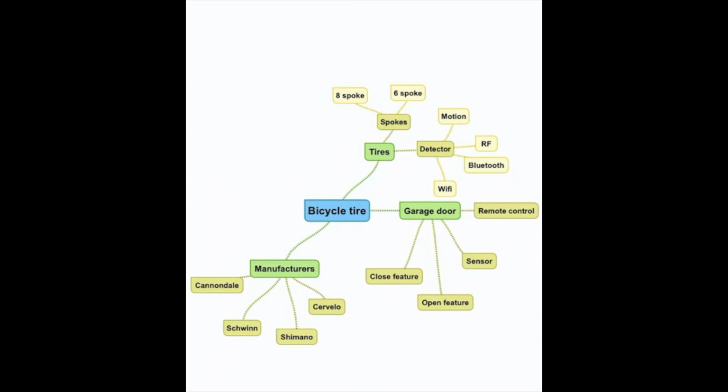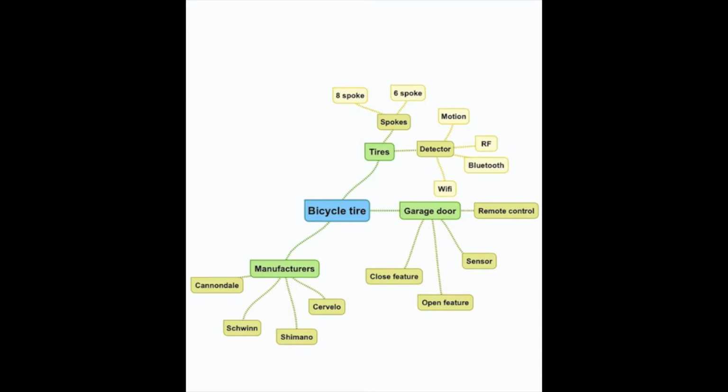Okay, so that's our innovative concept, for example. So for this particular example, we have a bicycle tire that has the wheels that have the sensors and the detector. So I'm going to brainstorm this particular idea or innovative concept.